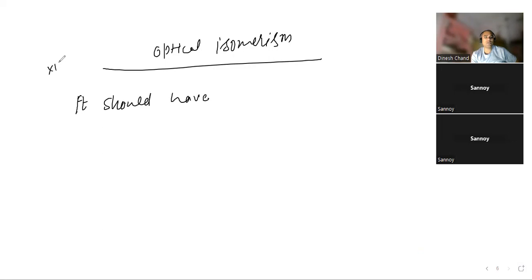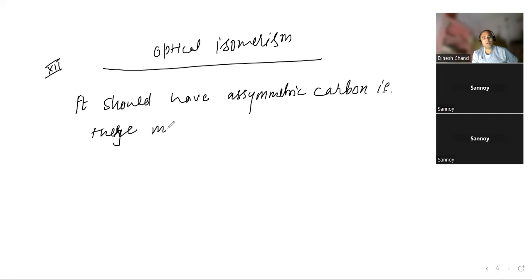It is a part of the 12th standard, but I am teaching it here. There must not be symmetry.